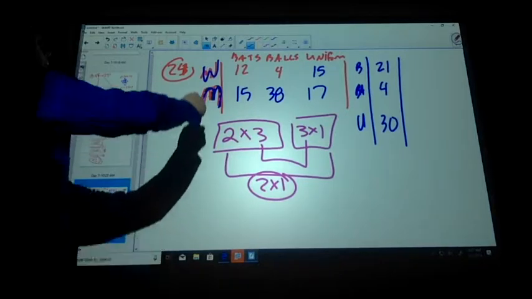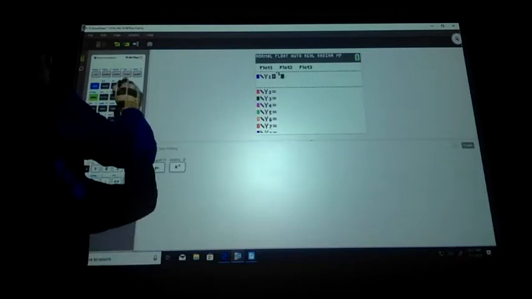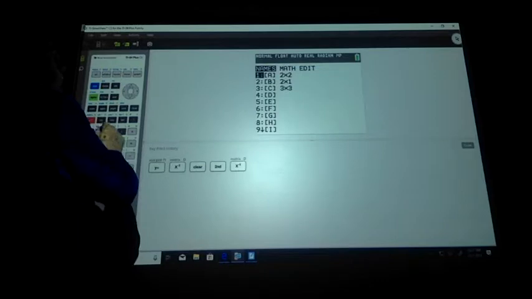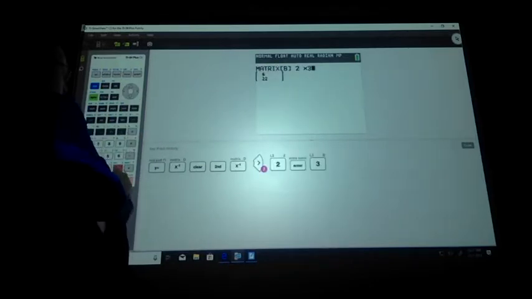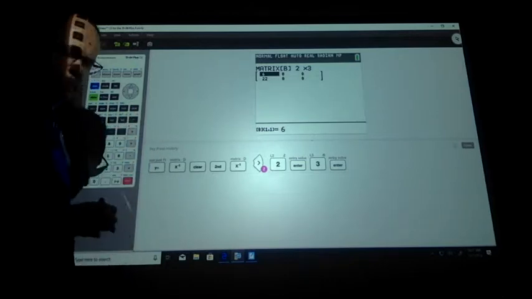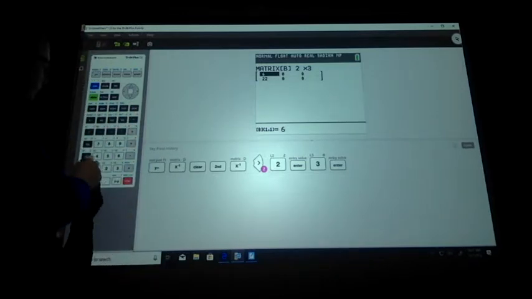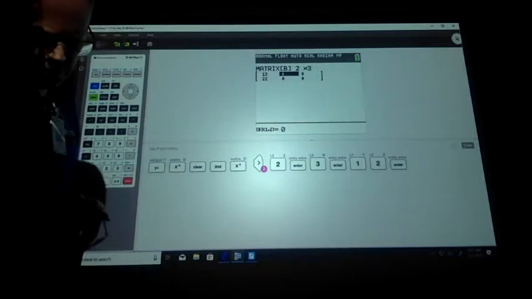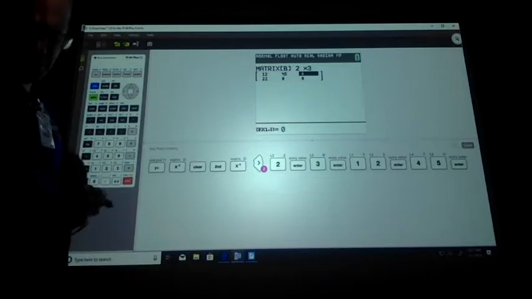You ready to do it? All right. What was my matrix? 12 bats, 45 balls, 15 uniforms.